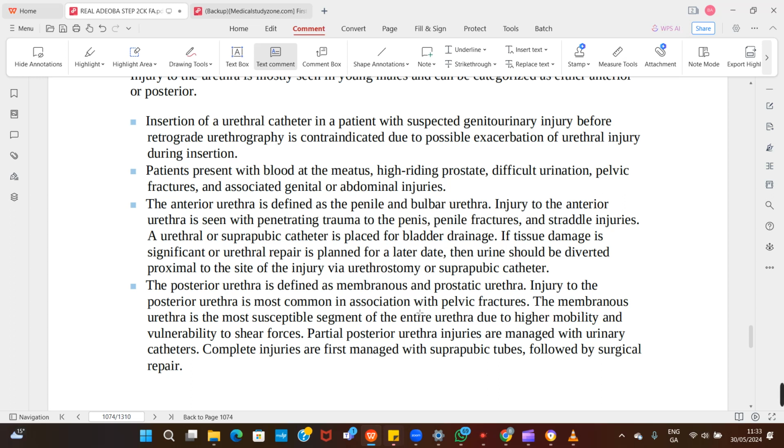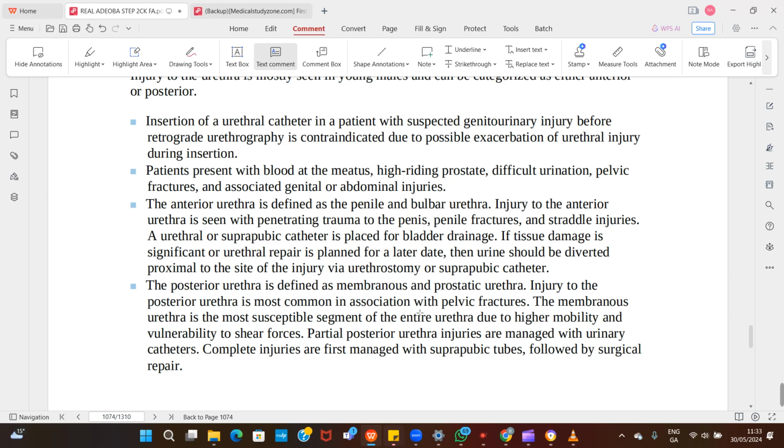After you have done it, you have seen the site and the extent of the injury, if it's partial or complete. If it's partial, just put your suprapubic catheter in the bladder and prevent urine from getting to that site. It's going to heal. If it's complete, put your suprapubic catheter and do your surgical repair later.